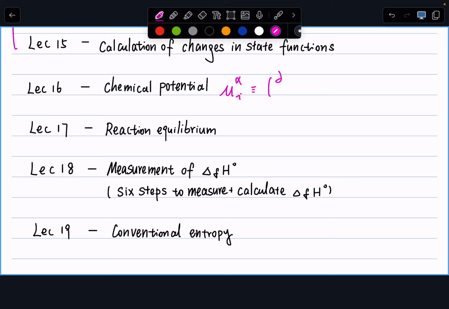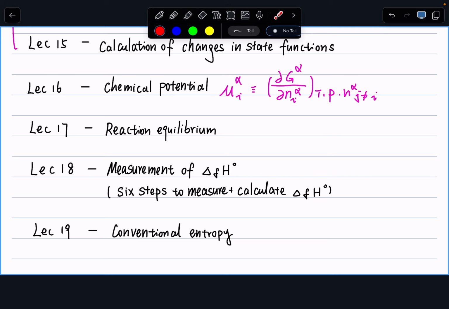I'm just going to finish writing it, and then we'll talk about it one by one, with the derivative at constant T, P, and N_j^alpha for j not equal to i. So what does each term mean in this definition of chemical potential?